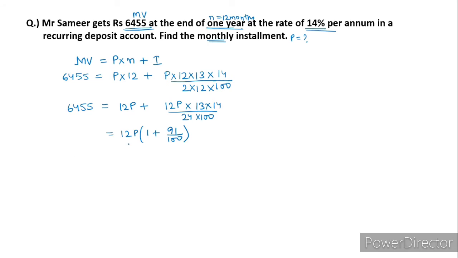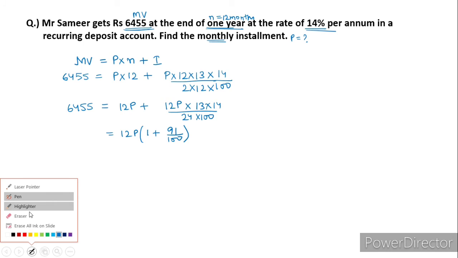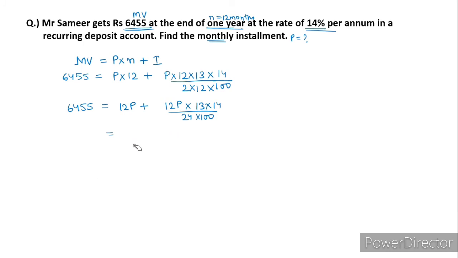Take out 12 common. This is 12 and this will go. 2 ones are 2, 2 sevens are 14. You will get 12P plus 91 by 100P.